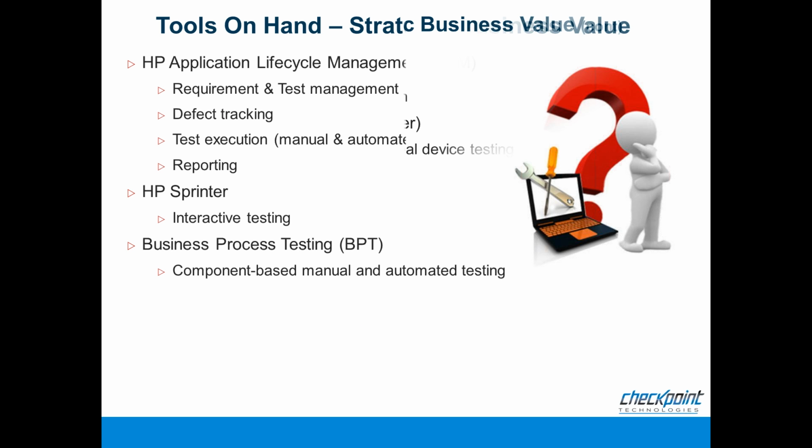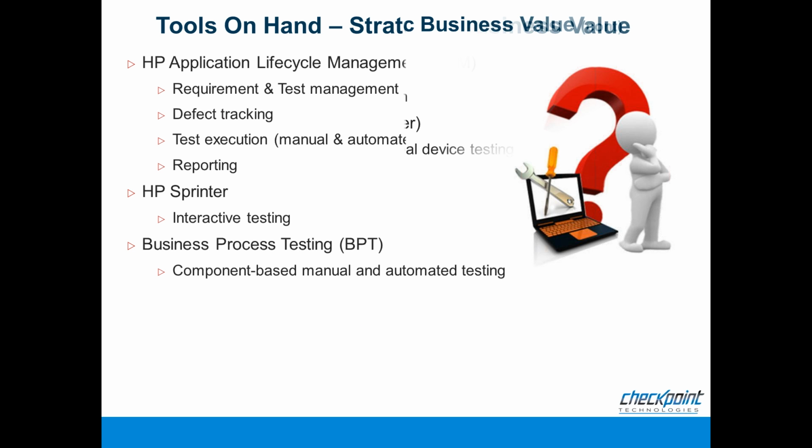Okay, so ALM, Application Lifecycle Management. Many of you are aware of ALM Quality Center. It's HP's tool for requirements and test management, tracking defects, executing your tests, and also collecting those results and putting together reporting metrics, things like that. HP Sprinter: if you have ALM, you have HP Sprinter.